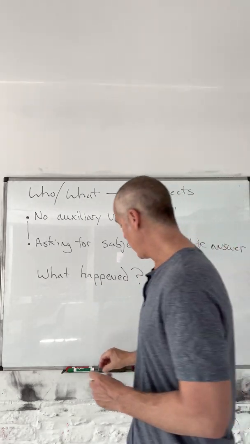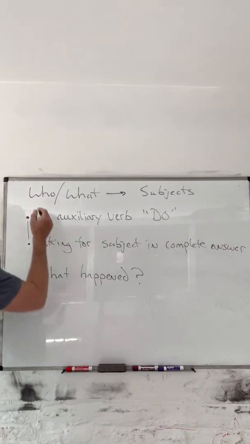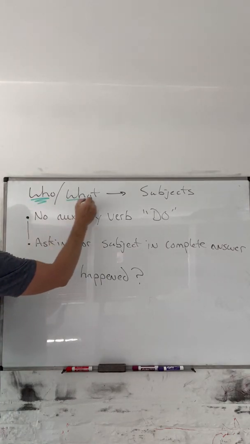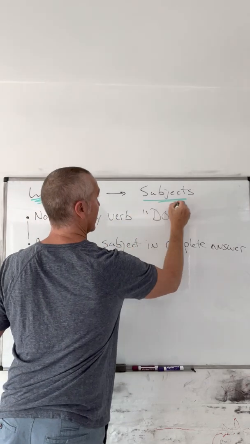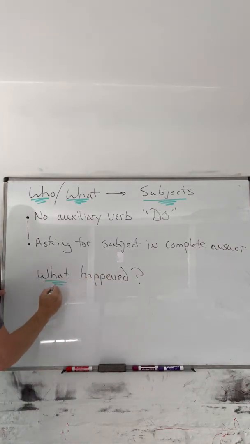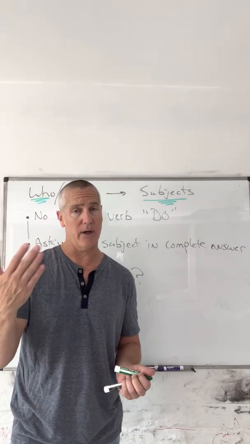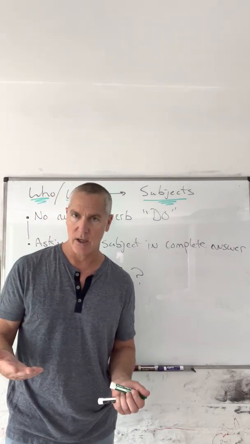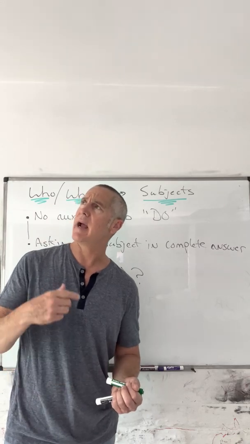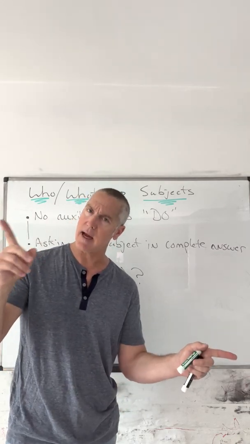Again, here, what we have is this. Who or what are functioning as the subject of the question, and they're asking for the subject in the complete answer. Now look, when you ask a question, you're not thinking, well, am I asking for the subject or the object in the complete answer?